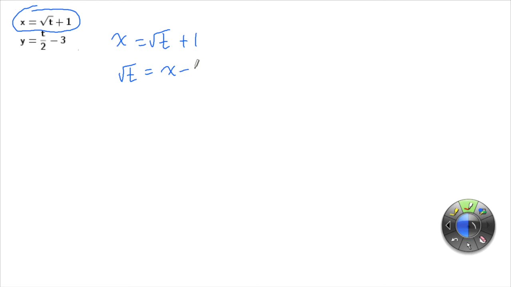Sometimes it's possible to take the equation that's parametrically written and write it in standard form in rectangular coordinate systems. One way of doing that is to take the x-coordinate and solve it for t. So if I take the x-coordinate, which is the square root of t plus 1, and I start solving it for t, I'm going to get the square root of t is equal to x minus 1.